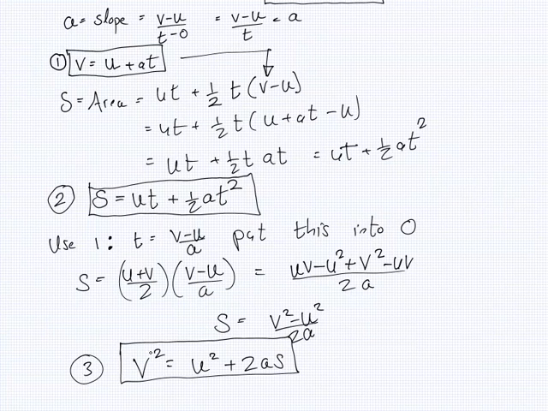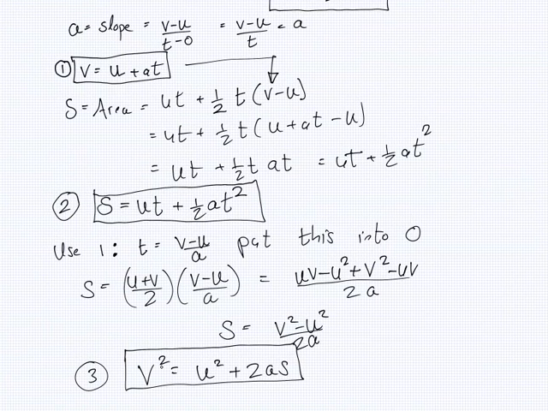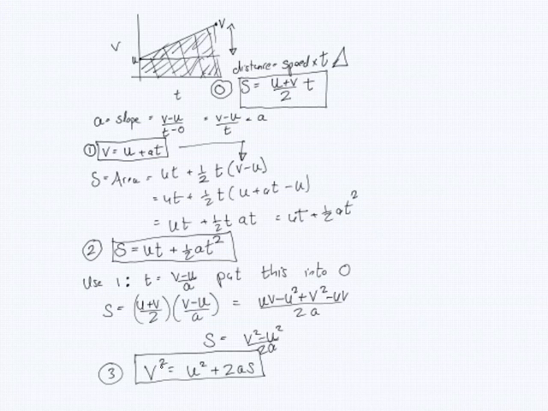There you go. Can you still read? Why is S equal to U plus V over 2, the average?